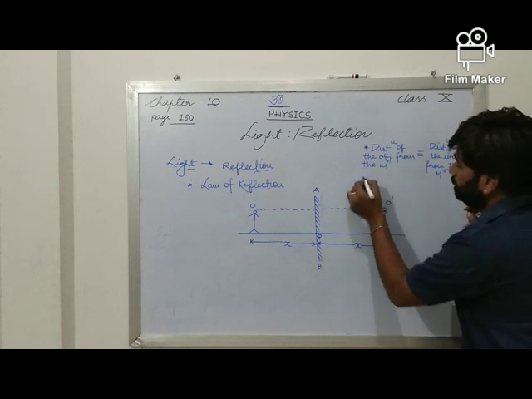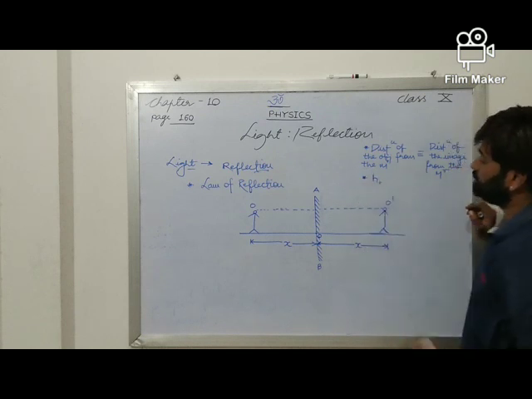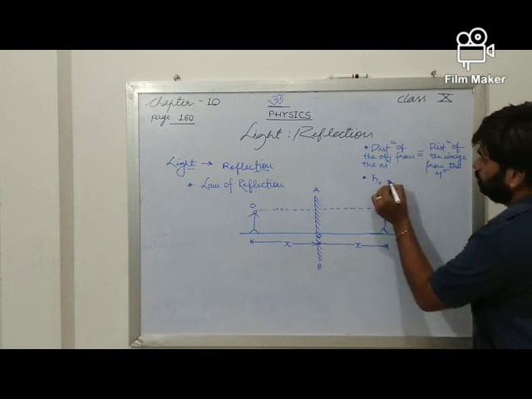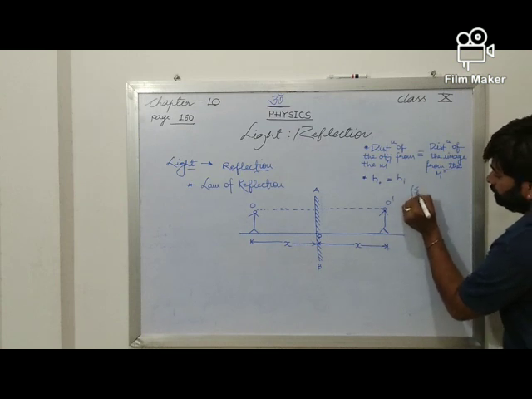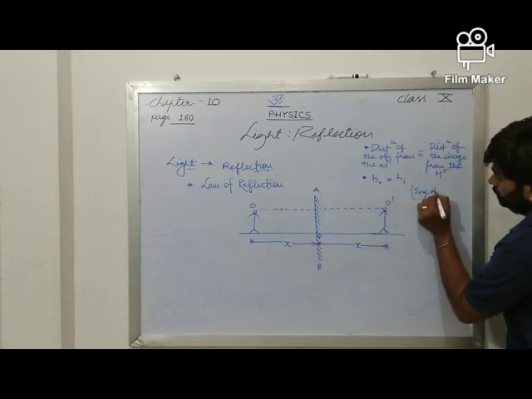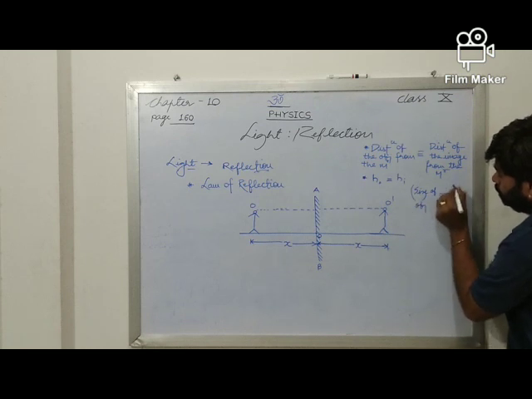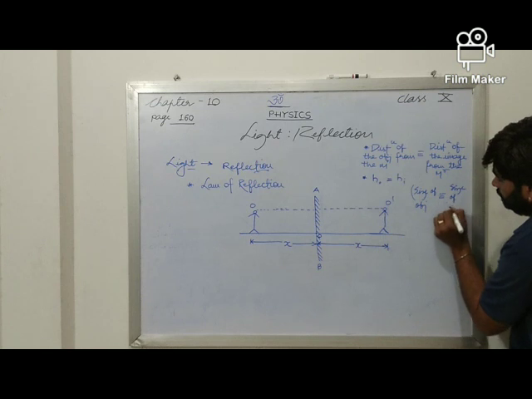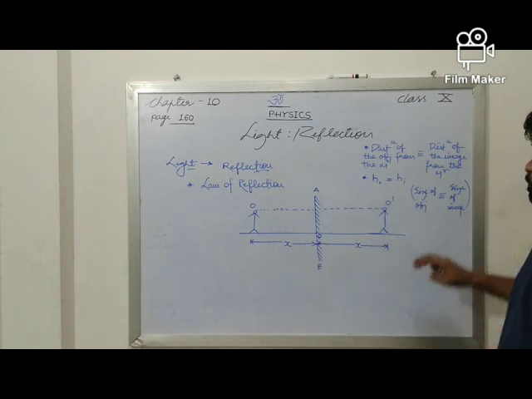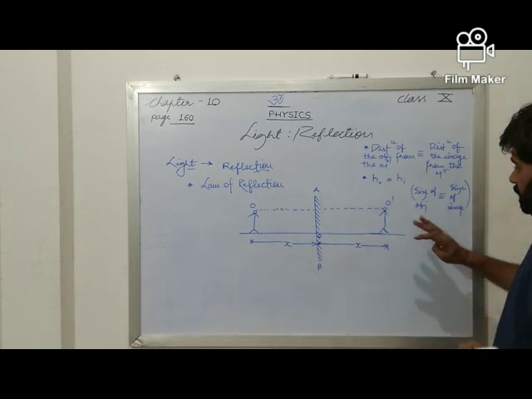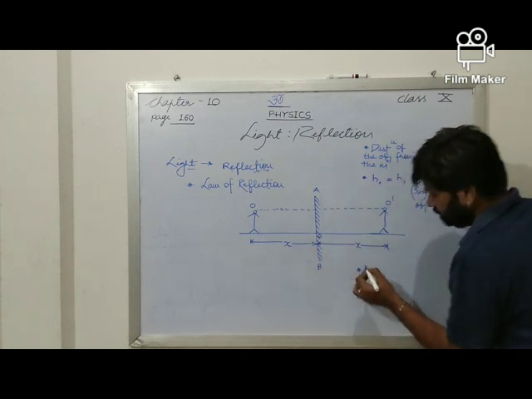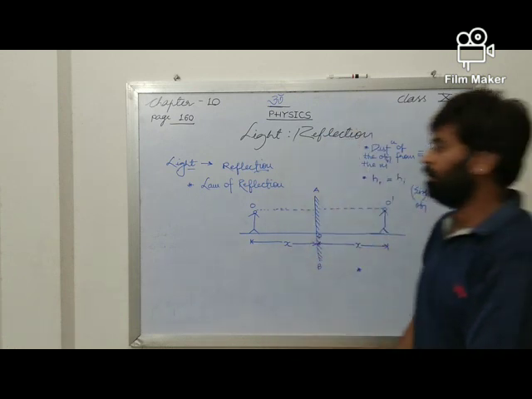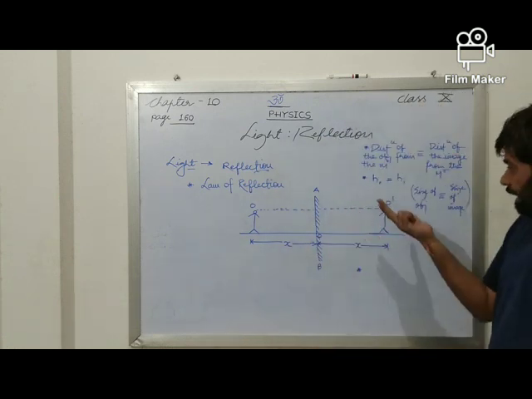Now the second one: the height of object will always be equal to the height of image, or we may say the size of object will be equal to the size of image. Now one more thing: in general, when we see in our Almira, there is a lateral inversion.